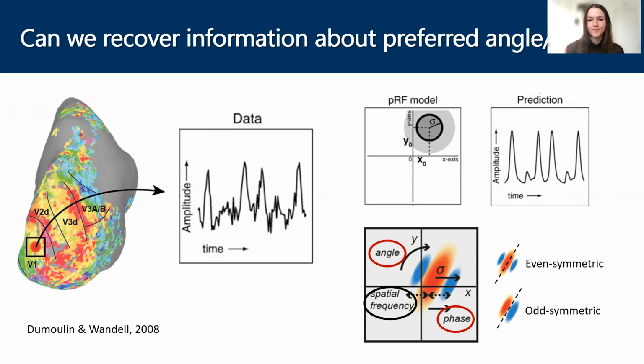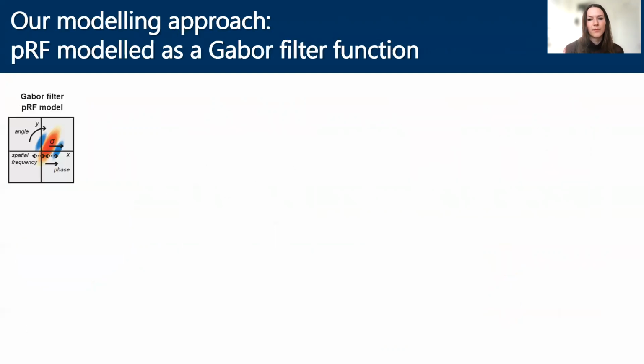Now, for our modeling approach in this case, we are very much inspired by the simple or conventional pRF model, but in our case, our underlying pRF is modeled as a Gabor filter function, and as I said before, it allows us to fit 3 additional parameters of angle, spatial frequency, and phase at a single voxel level.